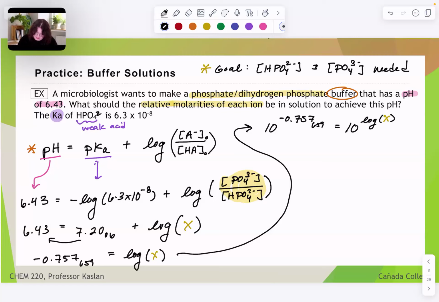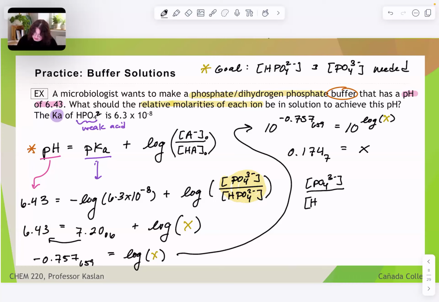On the left-hand side, this gives me 0.1747 is equal to x. So what is this saying? This is saying that my concentration of phosphate ion over my concentration of weak acid dihydrogen phosphate is 0.175 with rounding. Another way to think about this is the concentration of phosphate has to be equal to 0.175 times the concentration of dihydrogen phosphate.